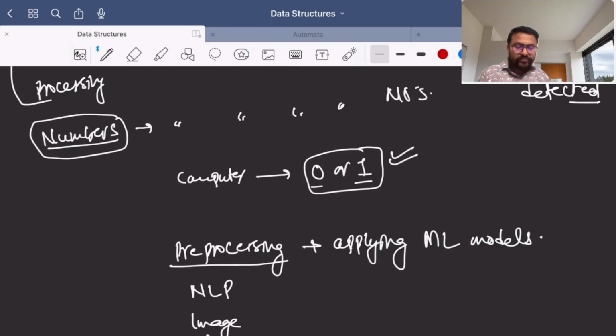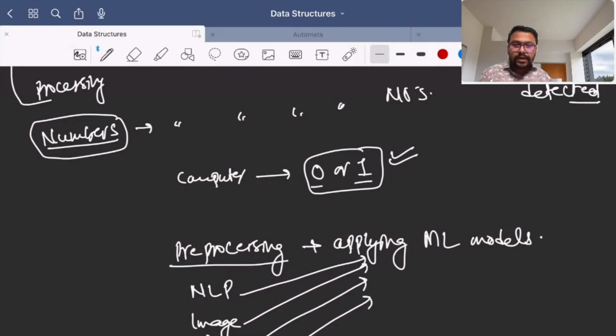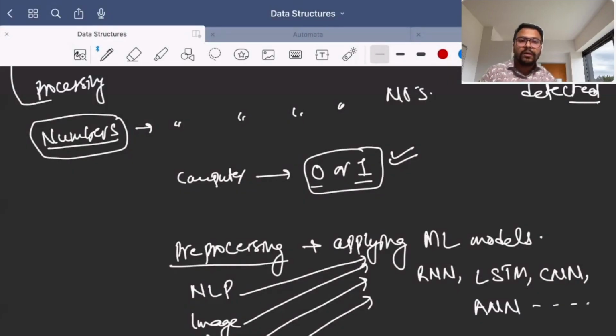Pre-processing is different according to our data set. Whereas machine learning models are the same, because once the data is converted into our desired format, we can apply either RNN or LSTM or CNN or ANN or different kinds of machine learning or deep learning models.